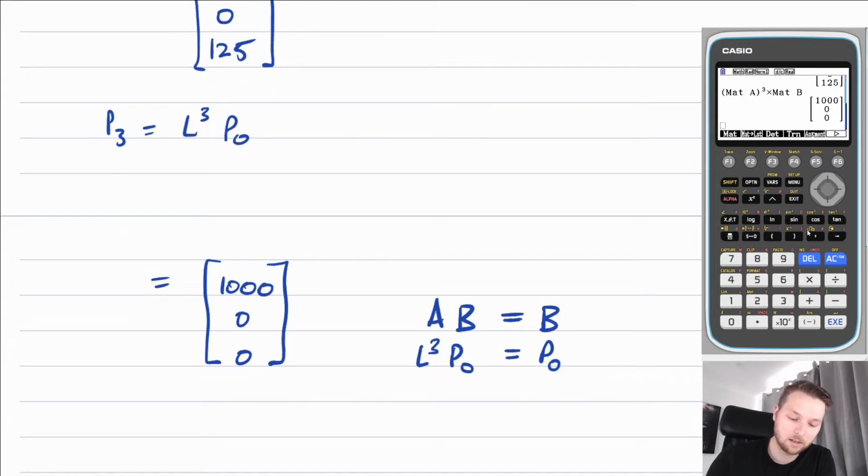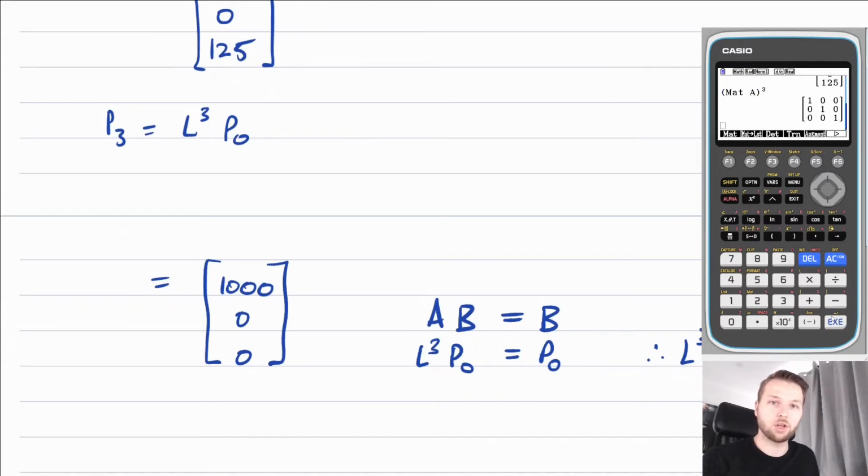Well, that means that therefore L cubed must be the identity matrix, because that's the only way you can get two matrices multiplied together and get one of the matrices back. All right, and let's have a look. If we just go back up for a second and delete matrix P, there we have it. So the Leslie matrix cubed is the identity matrix.